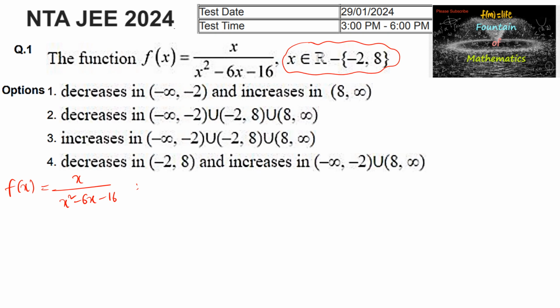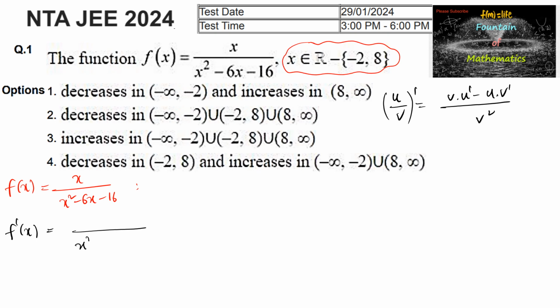So for this we have to differentiate. f dash of x is equal to, by using the rule, (u by v) whole dash is equal to v into u dash minus u into v dash upon v square.